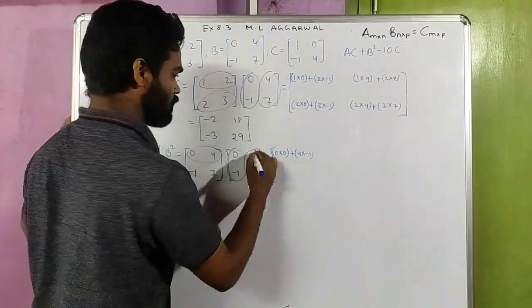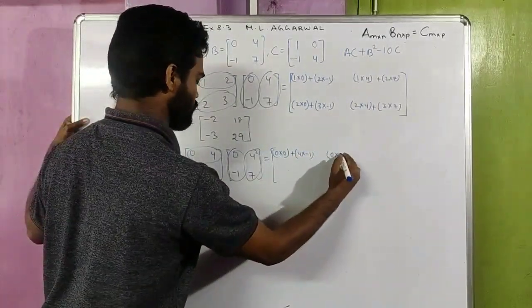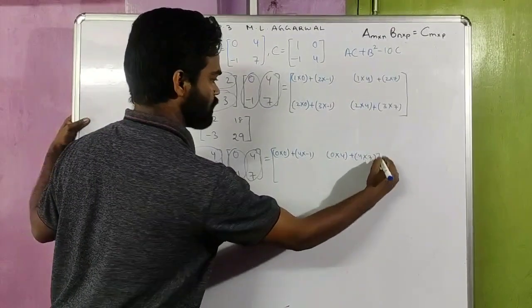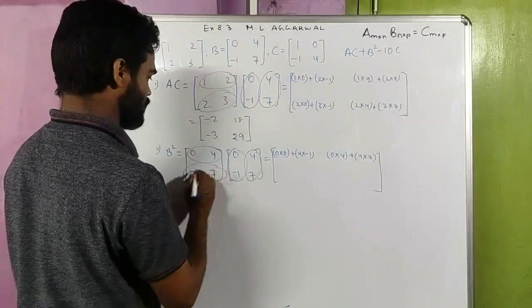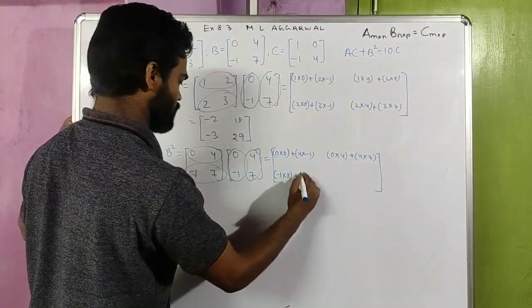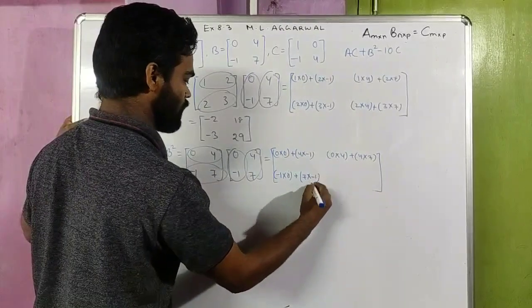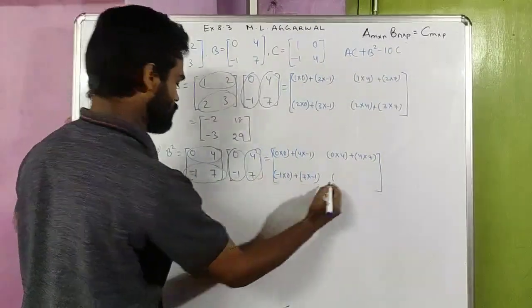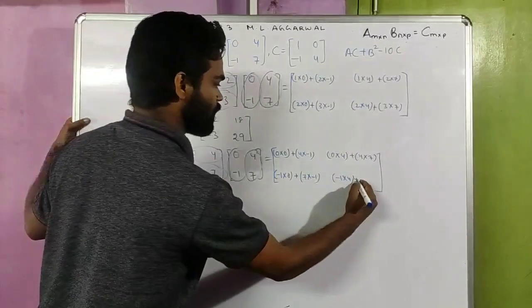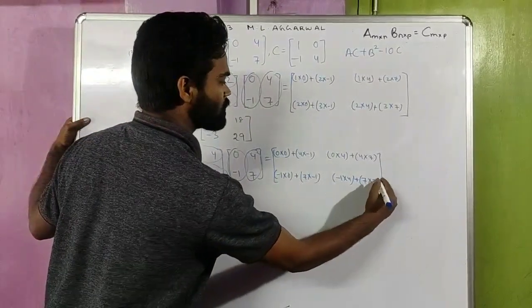Then first row, second column, that's 0 into 4 plus 4 into 7. Then second row, first column, that's minus 1 into 0 plus 7 into minus 1. Then second row, second column, that's minus 1 into 4 plus 7 into 7.